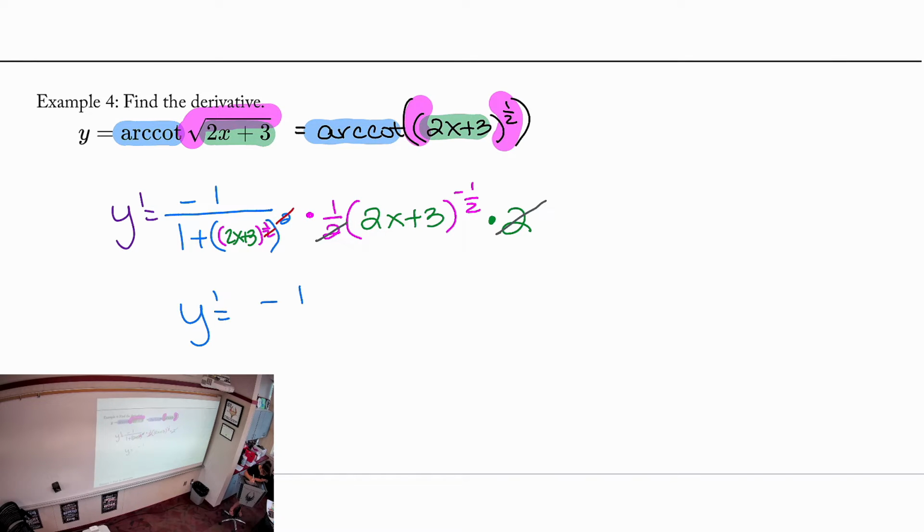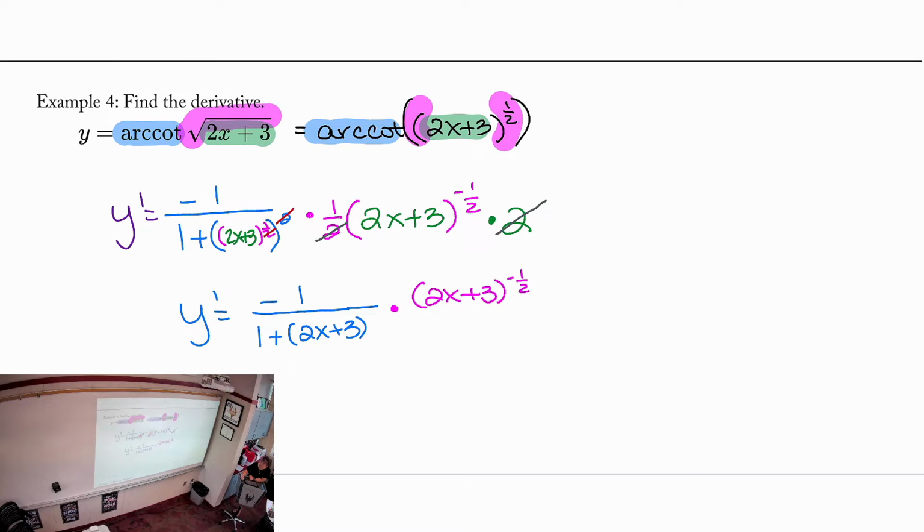Okay, that gives me my first doll. My second doll is 2x plus 3 to the negative 1/2, and I have no third doll left because we killed it.